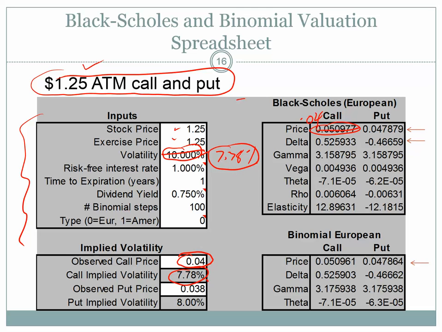So the idea of implied volatility is the annualized standard deviation that you need to input into Black-Scholes to give you the market price. And it's been shown that this volatility is a good estimator of future volatility. Now, if the put were selling at 3.8 cents, if I made this number 8%, this put would go to 0.38. So you have an implied volatility for the call and an implied volatility for the put.